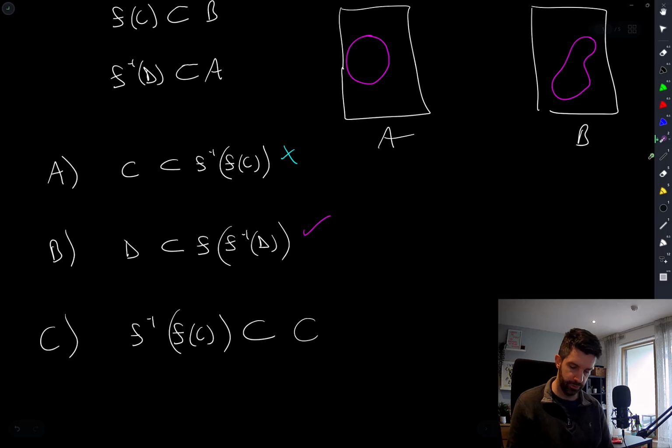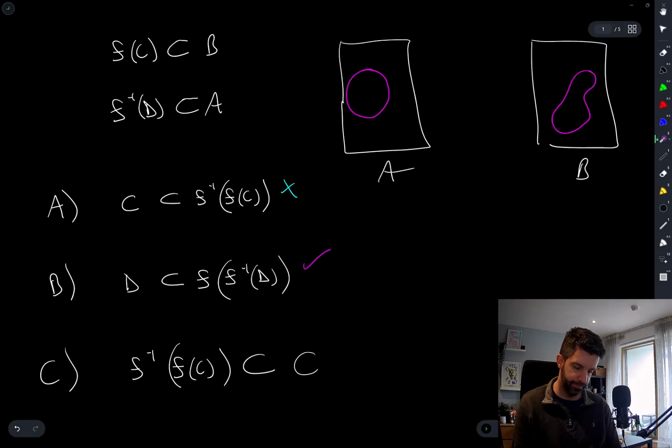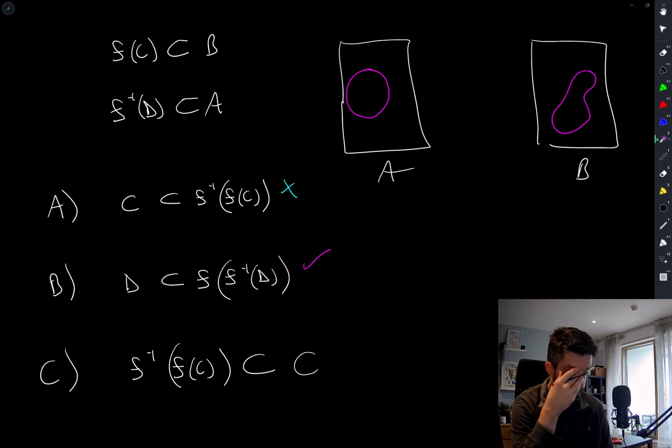Yeah, so I don't think this is true either. Take something in C, and map it here. But now when I pull this back, I could get something outside of the original set C. But then why is this one not true? Oh my gosh. Why am I struggling with this?